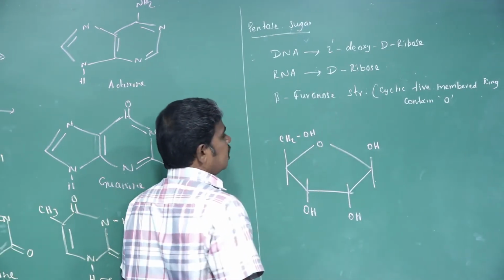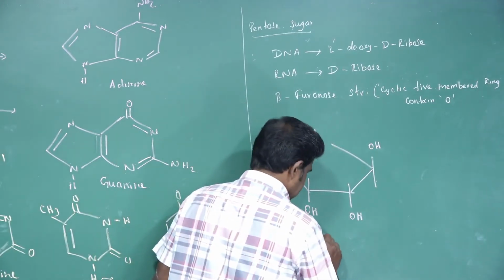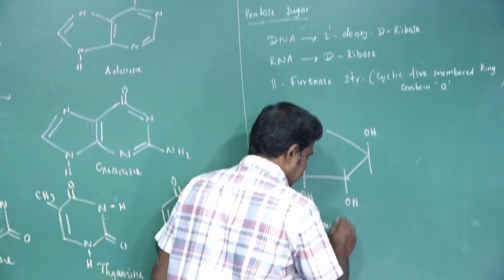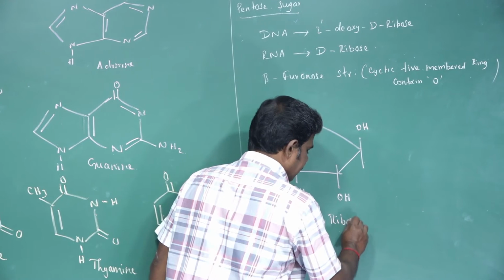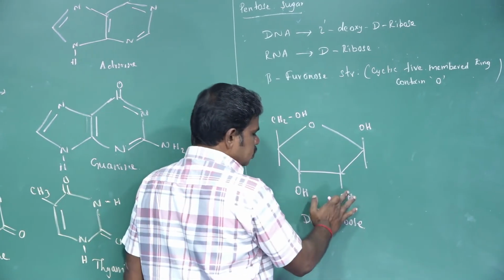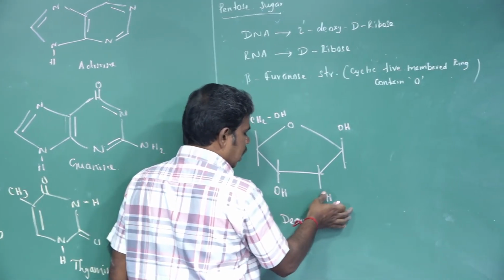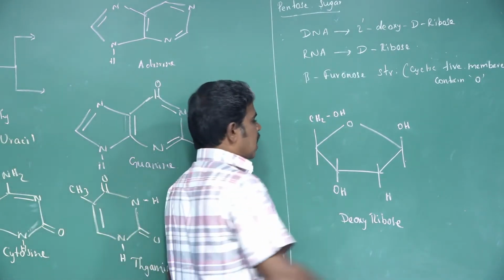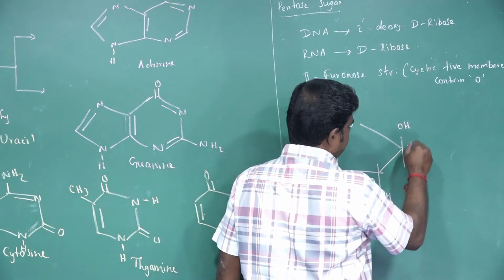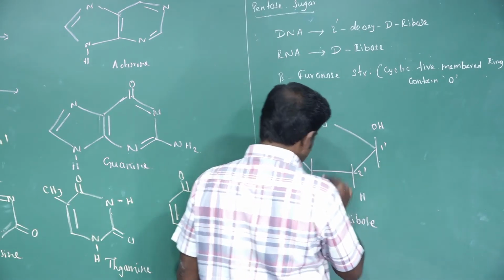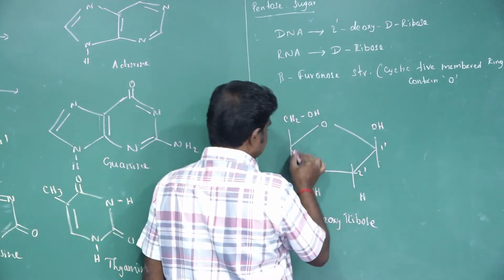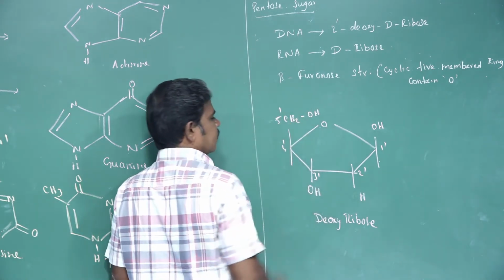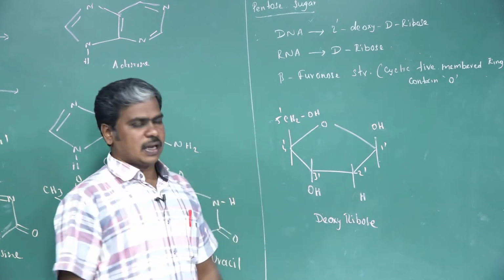In deoxyribose, the oxygen atom is absent at the 2' position. And the structure is numbered 1', 2', 3', 4', and 5'. So these are the numbering.